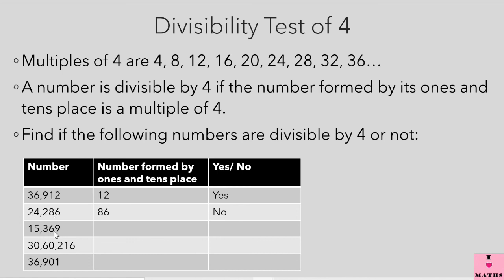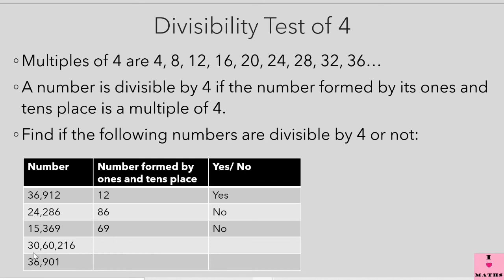Okay, 4 ones are 4, 6 minus 4 is 2, 29. So 4 sevens are 28. 29 minus 28 is 1. So we got a remainder 1. It means 69 is not a multiple of 4. So this number is also not a multiple of 4.